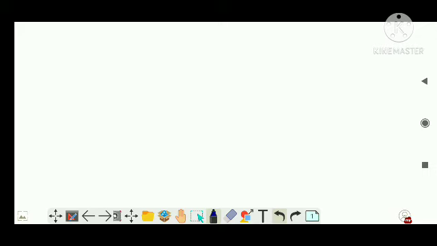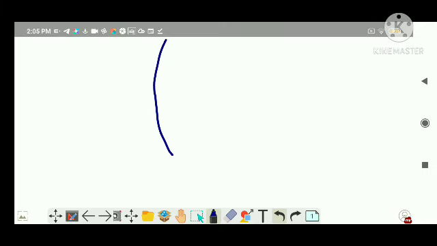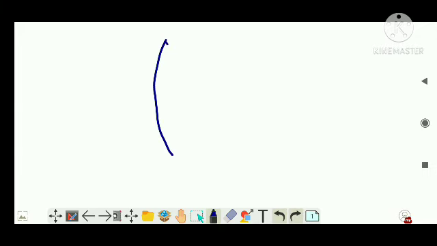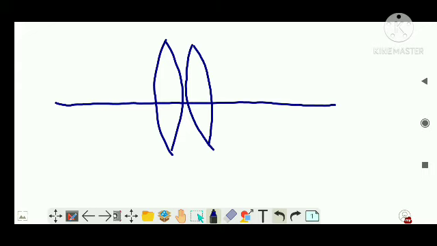How can we derive it? Just like the previous cases, we are going to draw two lenses, right? So straight their axis. Let's say I'm going to keep the object O here, so the incident ray goes like this.